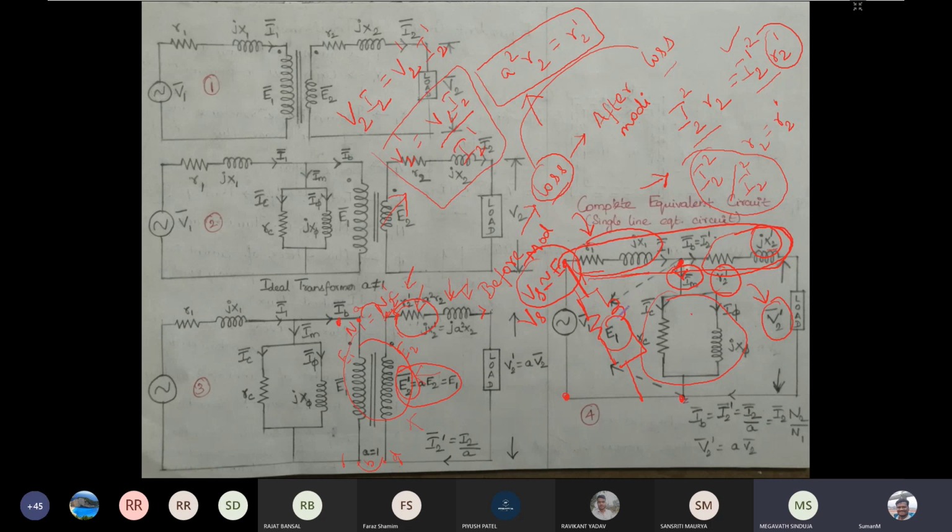Once you make this shunt element parallel to the source, the series elements, that is the primary side copper loss and the secondary side copper loss, defined by this series RL element, both will become series. If both become series, you can add all these together. Then the complete circuit you can redraw in such a way that this shunt element comes in parallel to the source. Okay, so the complete circuit can be drawn like this.